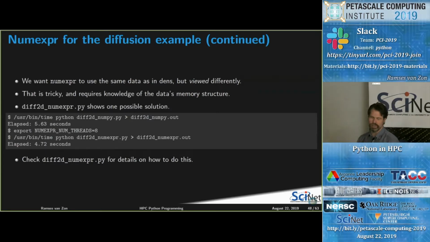Even if we do that, it turns out that the effect is pretty modest for the diffusion equation. Again, these were Blue Waters timings. Things could be different on a different system. The NumPy array already gave me 5.6 seconds. I add 8 threads of numexpr. By the way, this is the environment variable by which you can externally control the number of threads that numexpr uses, so that is useful for scaling analysis.